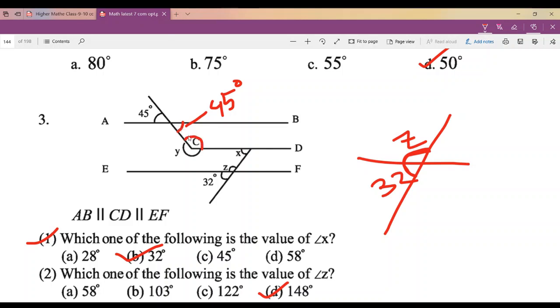These two are co-interior angles. This angle and these angles are co-interior angles, and we know the sum of co-interior angles is 180 degrees. So obviously this is 135, because the sum of these two is 180 degrees, since co-interior angles are supplementary.